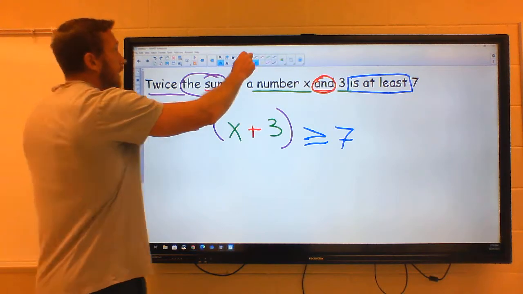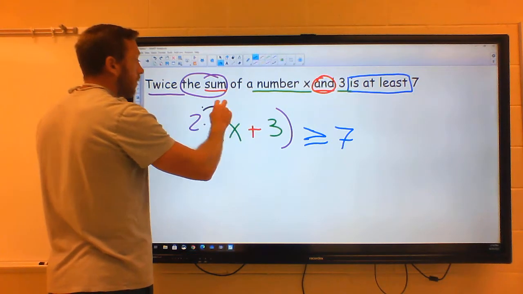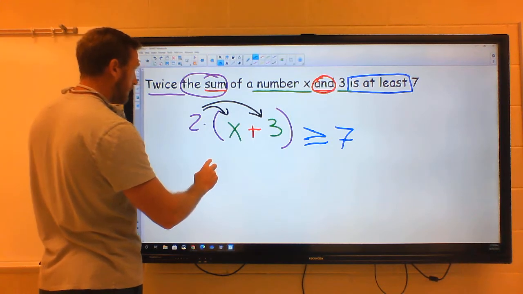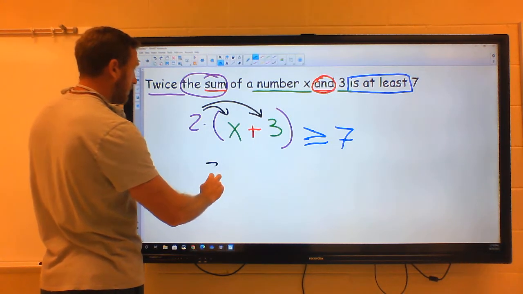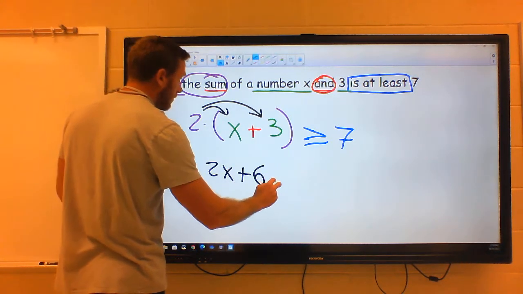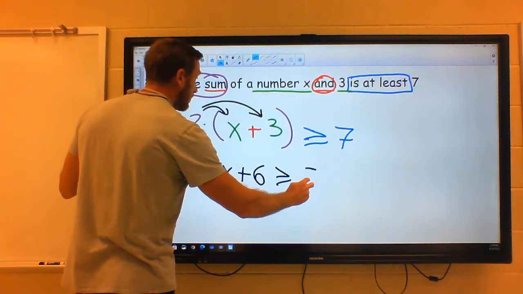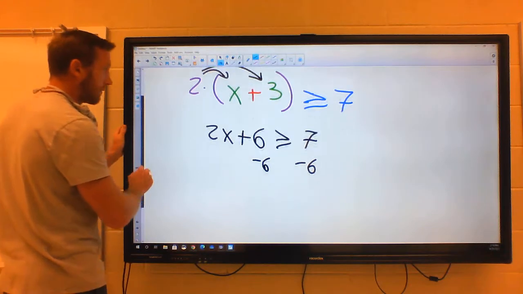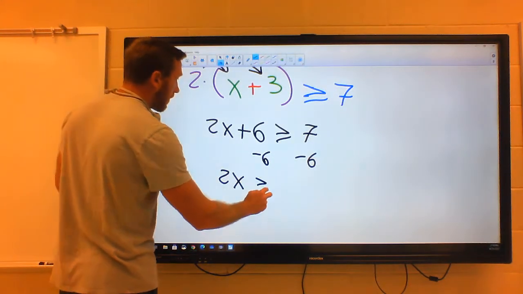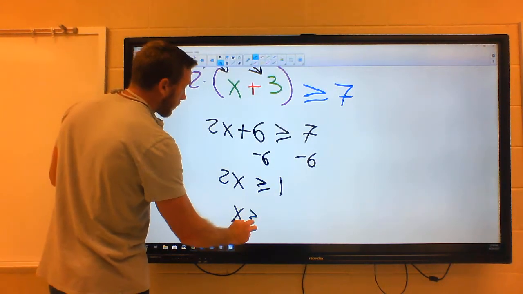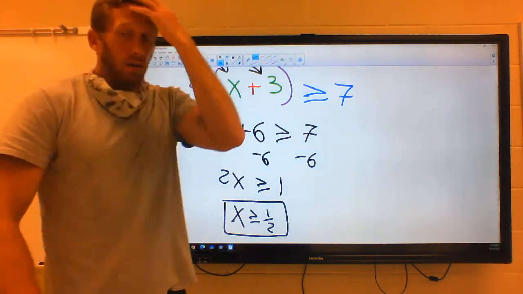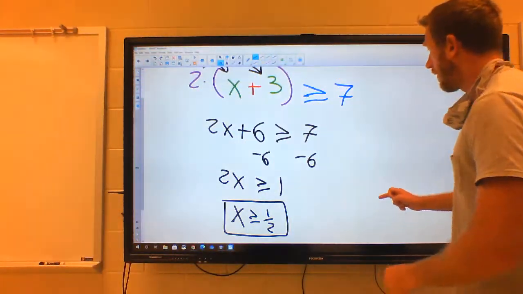Okay, you're back. And probably what you did was distribute. Okay? Subtract 6 from each side. 2x is greater than or equal to 1. X is greater than or equal to a half. Now, let's graph this on a number line.